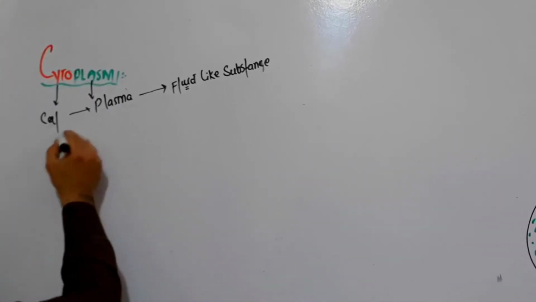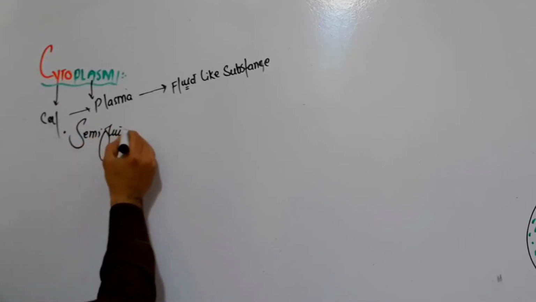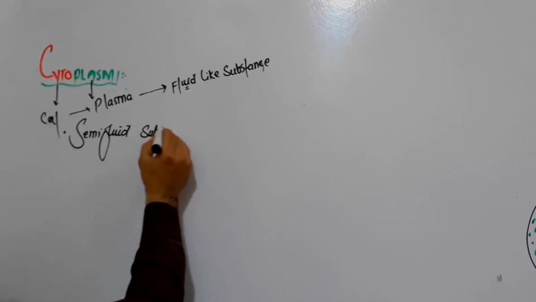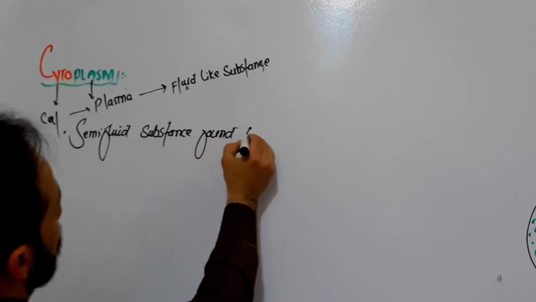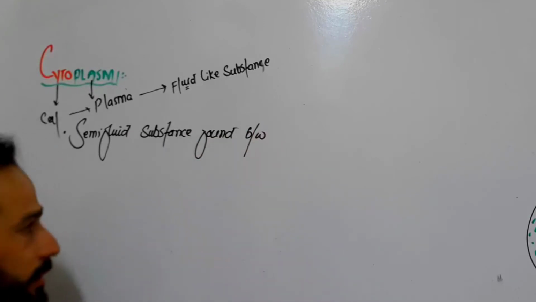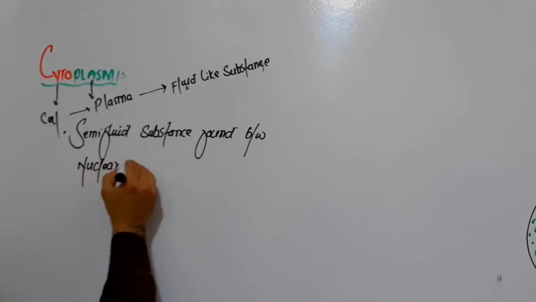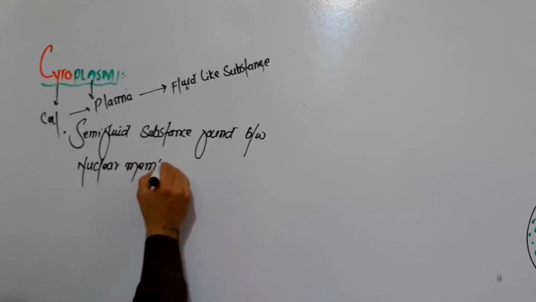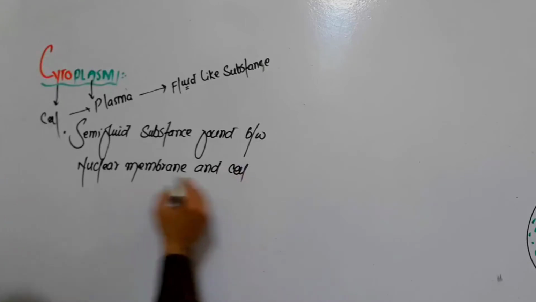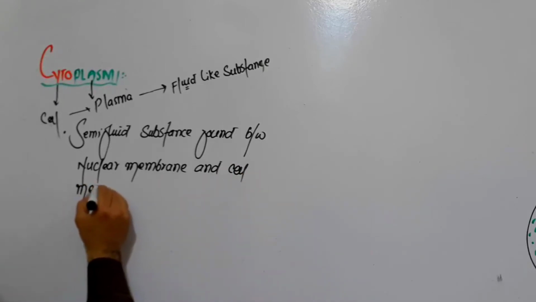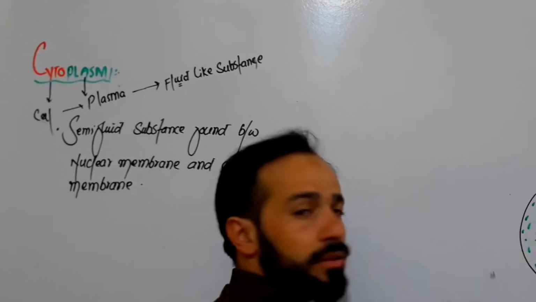So let me write the definition of it: it is a semi-fluid substance found between the nuclear membrane and the cell membrane. Let me write it here, right, friends?